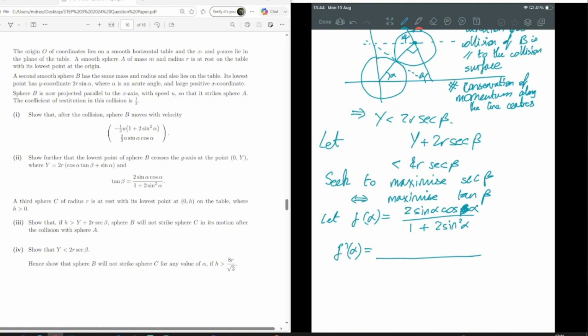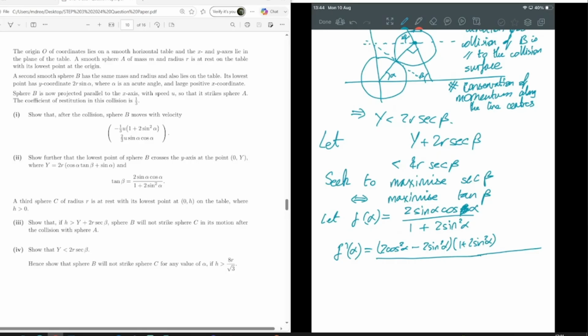So then if I differentiate that top one, it will be the derivative of 2 sine alpha, which is 2 cos squared, minus 2 sine squared times the denominator.